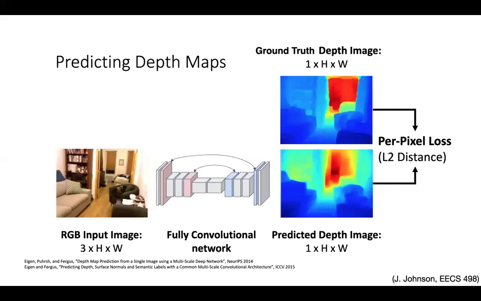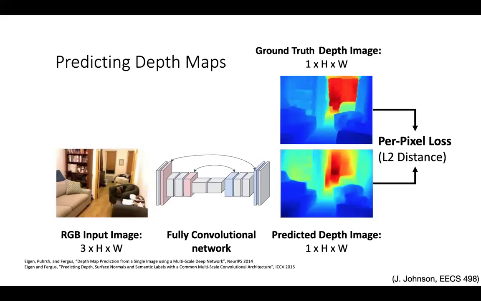And then, because we have a regular structure, we can use a fully convolutional network to predict the depth image from this input image. And it would be natural to think that what we have to do is just to compare the prediction with the ground truth using, for instance, a simple per pixel loss.